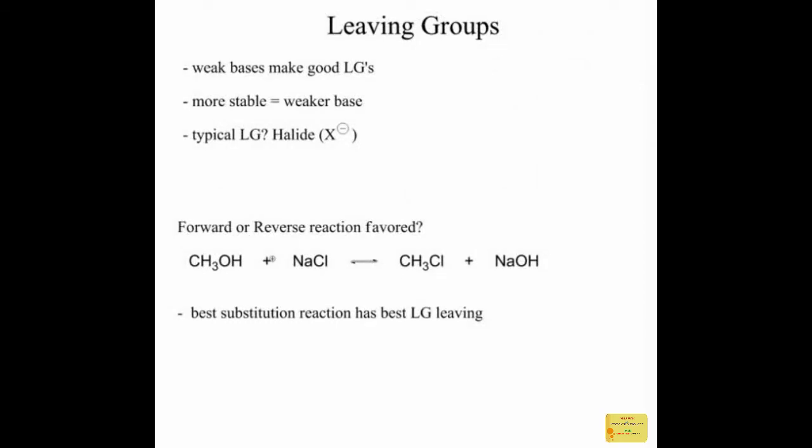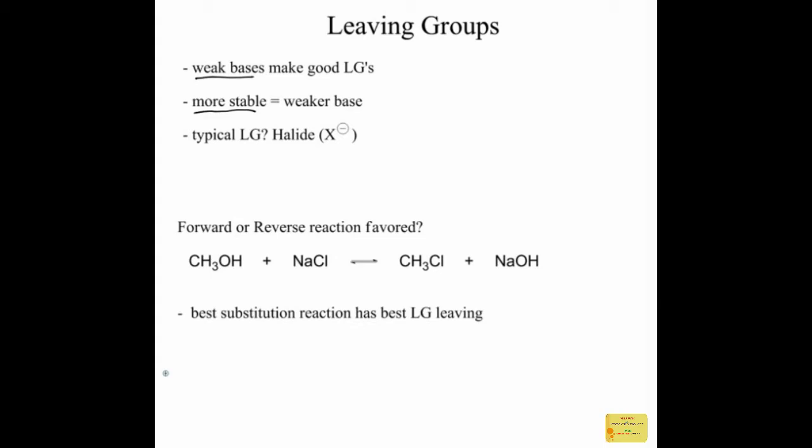Now let's talk a little bit more about the leaving group that's involved in both the SN1 and the SN2. It requires that it's a nucleophilic substitution of a leaving group. And what I alluded to in the beginning is that weak bases are things that make good leaving groups. And way back when we talked about acid and base strengths, what we looked for to be a weak base was something that was going to be stable.